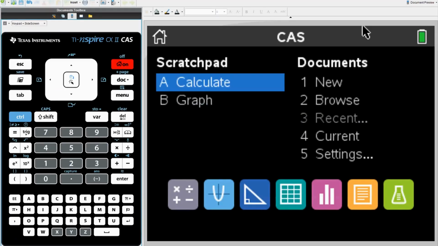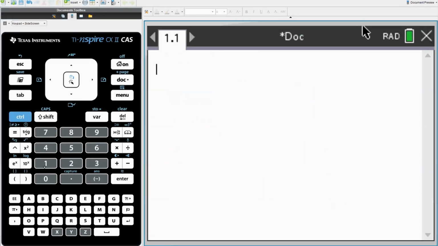Start a new document. I guess we're going to use the calculator page in this document, and I need the expression for f prime, and I'm going to do this using some of this great calculator functionality. Control division gives me this great fraction.